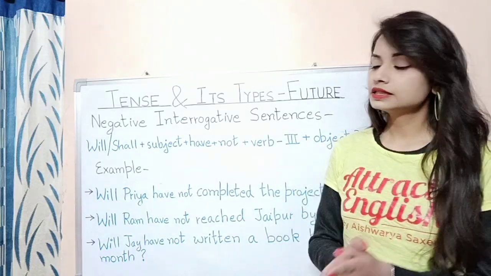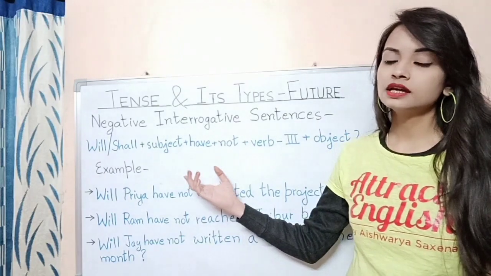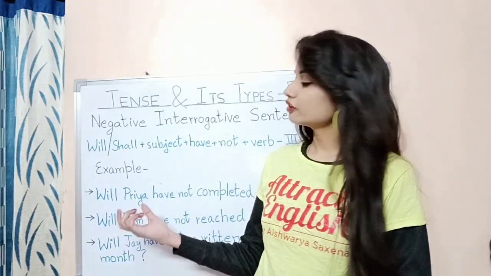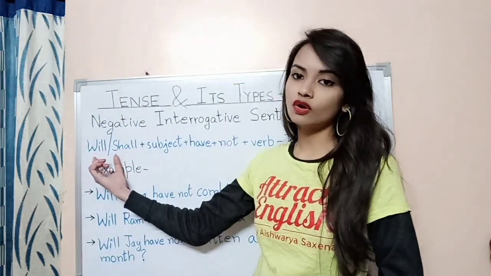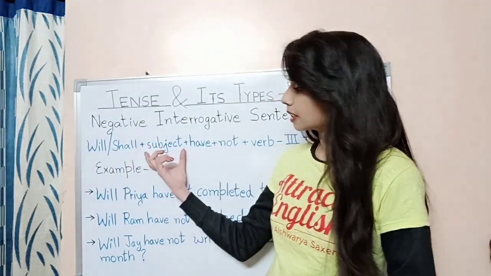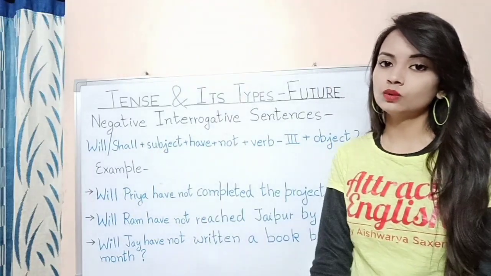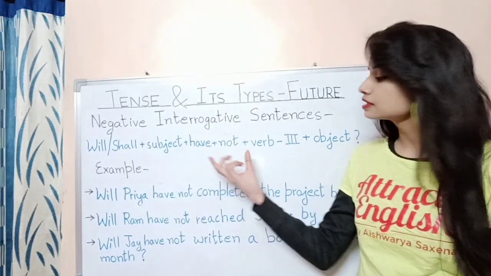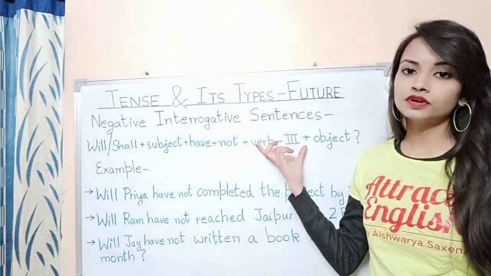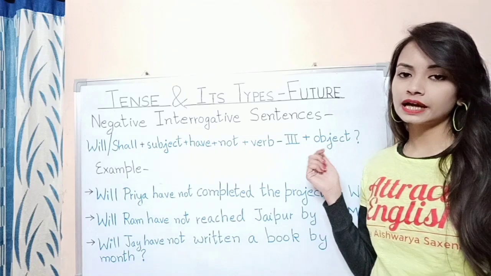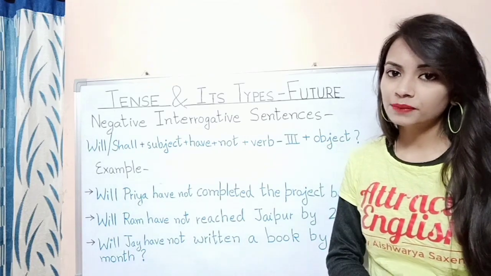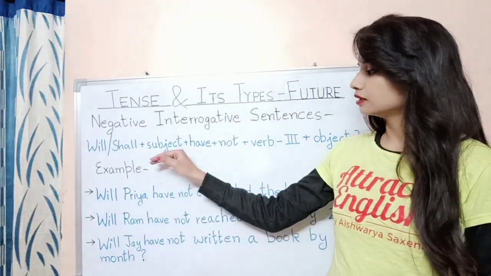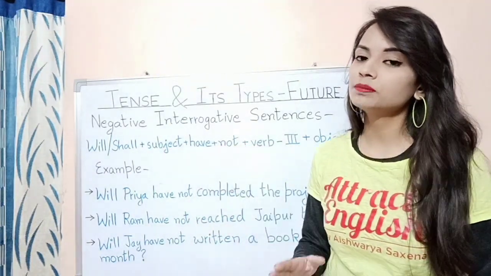Alright, now let's have a look at its format. The sentence or the question will start with the auxiliary verb. For example, here we have written will or shall. Then plus subject, which will be either a noun or a pronoun. Plus have not, okay, as it is. Plus third form of verb, plus the object and a question mark. If you compare this with the last format, then you will see that this format is absolutely similar to the previous one.